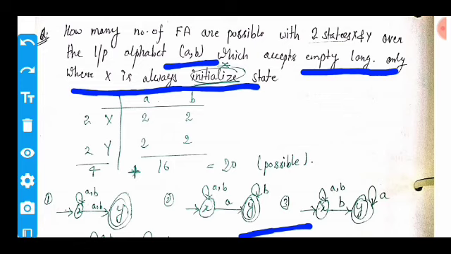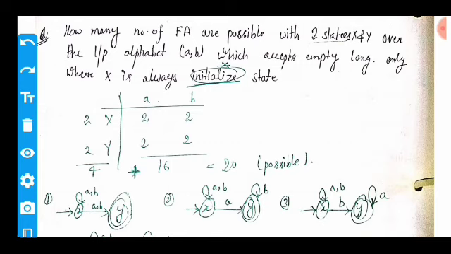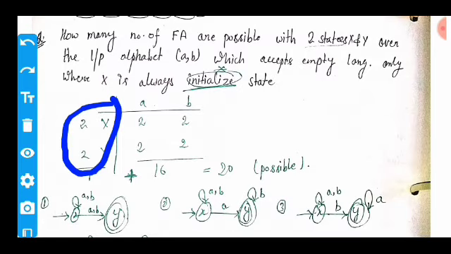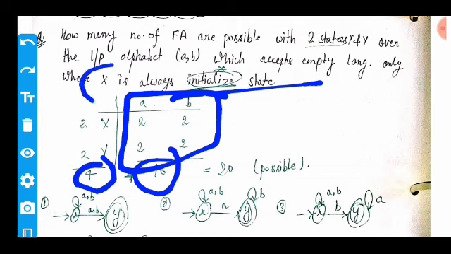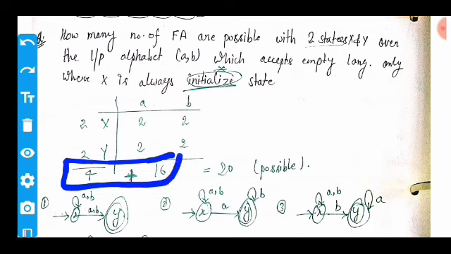So here it is clear that the total number of combinations with your states is 4, and the total number of combinations from your input symbols is 16. Now the initial state is clear, it is X, so we add these two and get the total number of possibilities as 20. Now we move on to the next question.